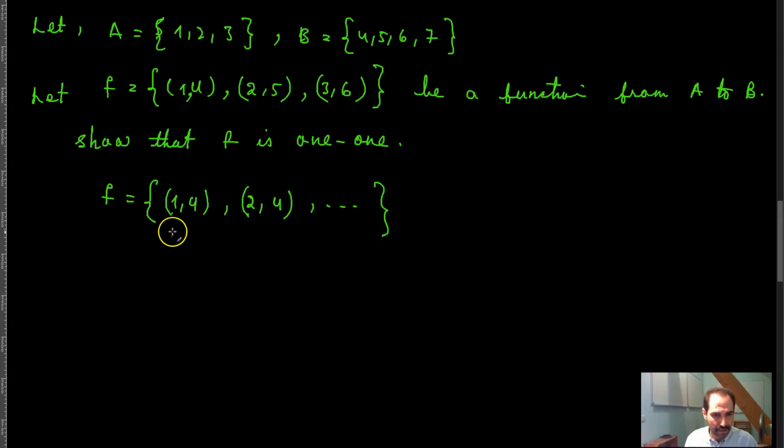And in this case, you could say that f of 1 is equal to 4, and f of 2 is also equal to 4, which means that the distinct elements in the domain of the function do not have distinct images in the codomain of the function.